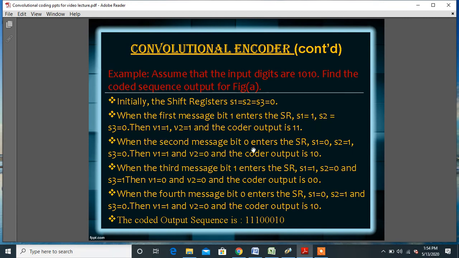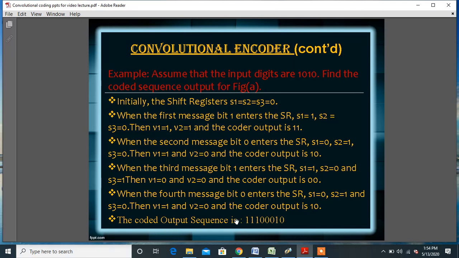When the second message bit 0 enters the shift register, S1 is 0, S2 is 1, S3 is 0, and the output V1 and V2 will be 1 and 0. Next, for the third bit 1, the coder output is 0 0. After that, when the fourth message bit 0 enters the shift registers, the coder output is 1 0.